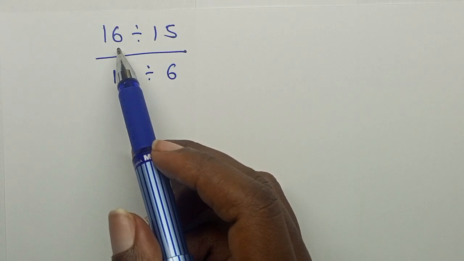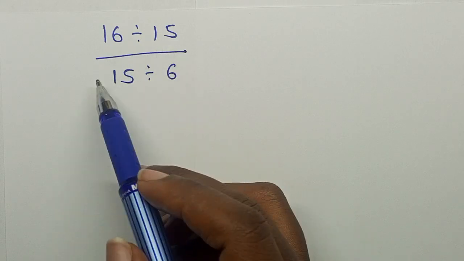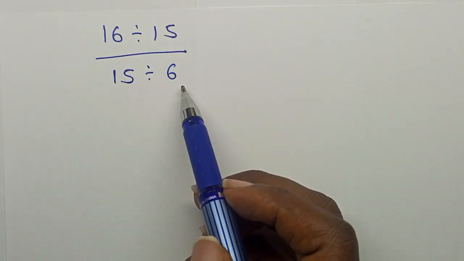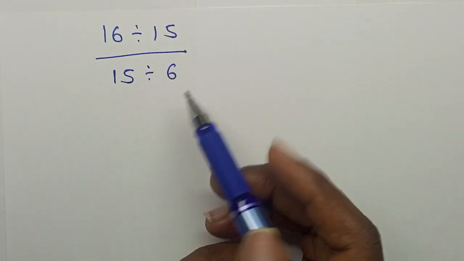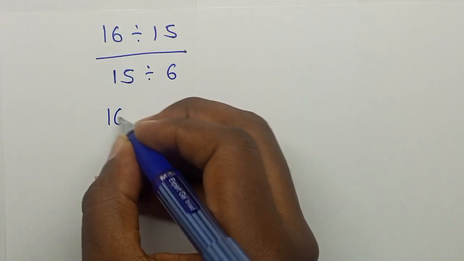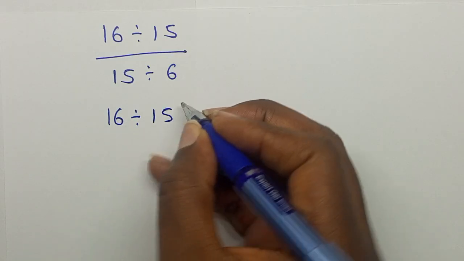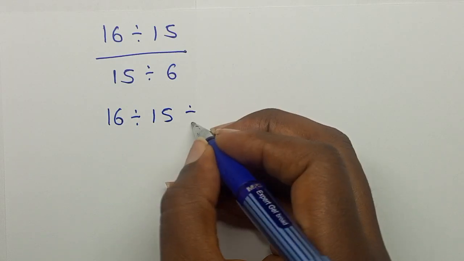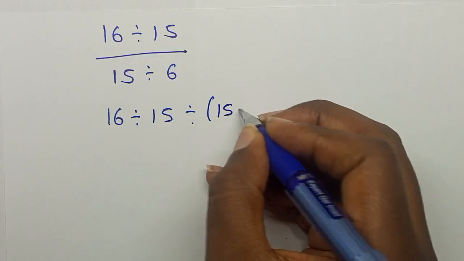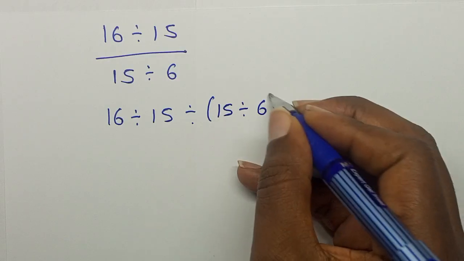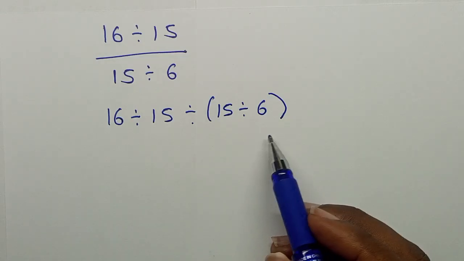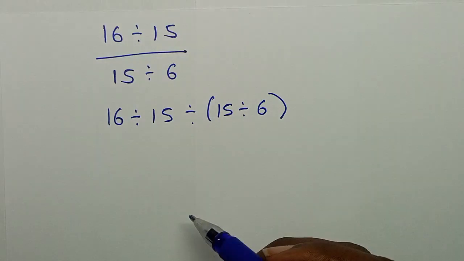You are told to find 16 divided by 15 over (15 divided by 6). What's the answer here? So this is the same as 16 divided by 15 divided by (15 divided by 6).